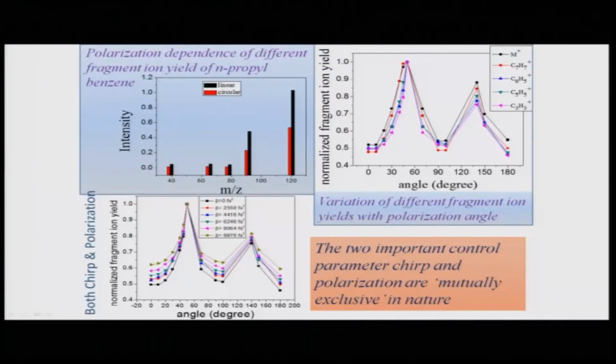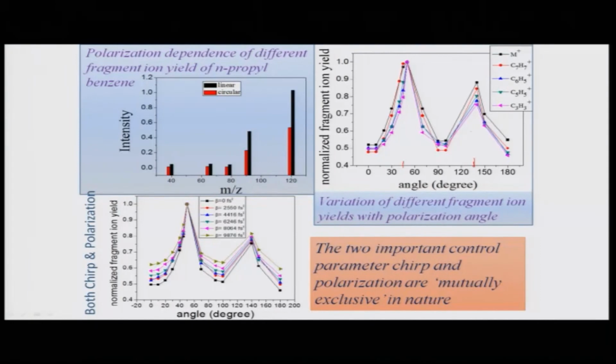The same is true for the polarization dependence of the various fragment ions of N-propyl benzene. However, one thing to note in the case of polarization dependence is that the variation of the different fragment ions with respect to the polarization angle peaks at particular values, independent of the fragment character.